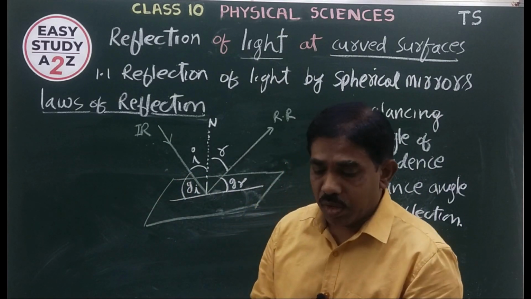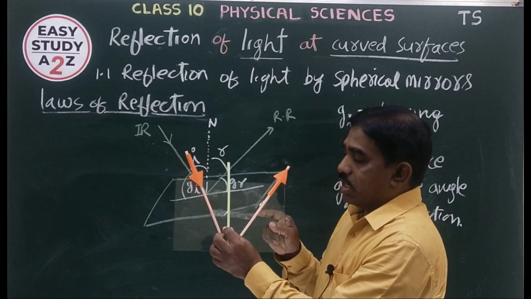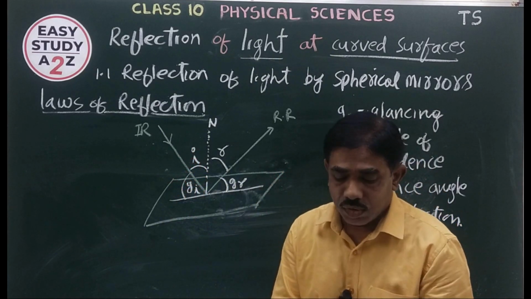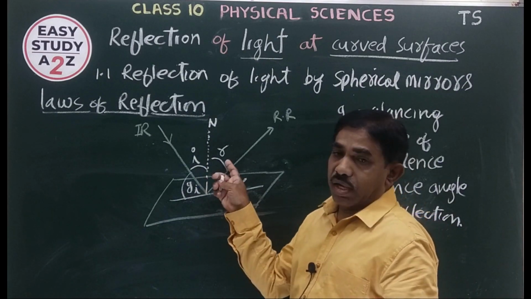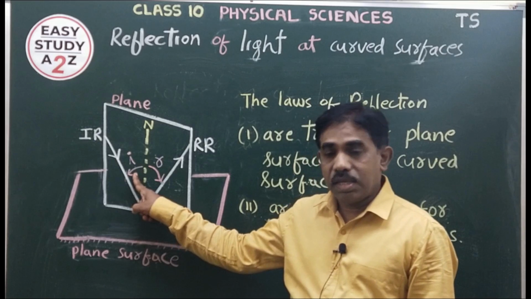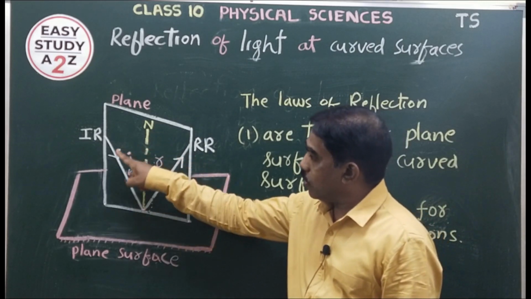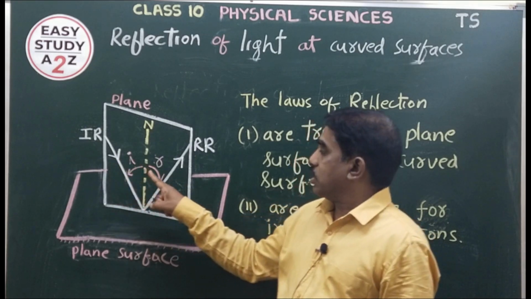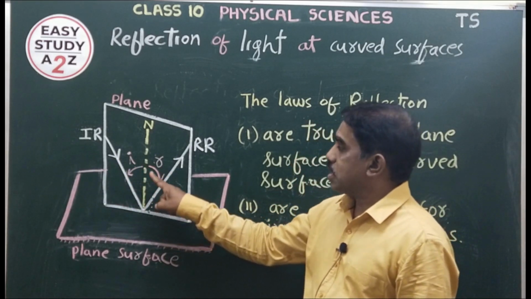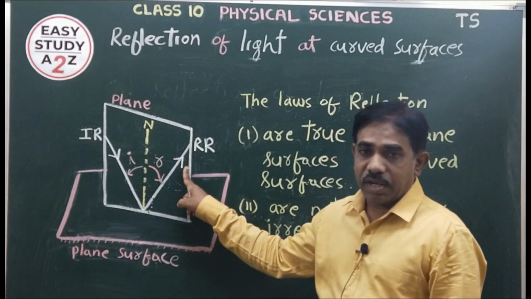And we have one more law, called the second law of reflection. The angle of incidence is equal to the angle of reflection. So angle I is equal to angle R. The angle of incidence is measured starting from the normal and moving towards the incident ray. Similarly, the angle of reflection is measured starting from the normal and moving towards the reflected ray.